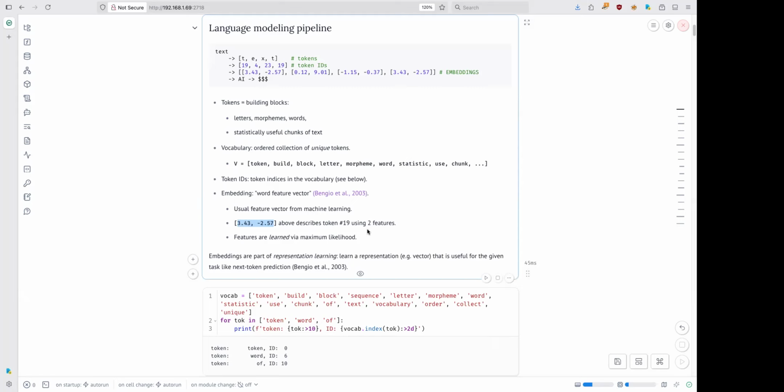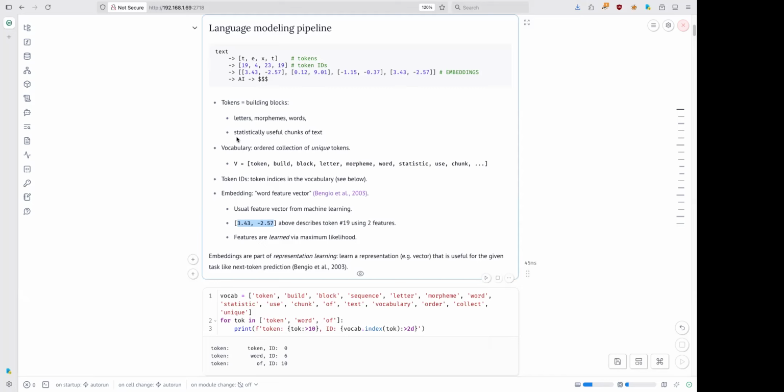So this is the same thing. You can teach a neural network to fill in the blanks, and as a byproduct, you get embeddings, which are features that were specifically learned to be useful for this particular task.